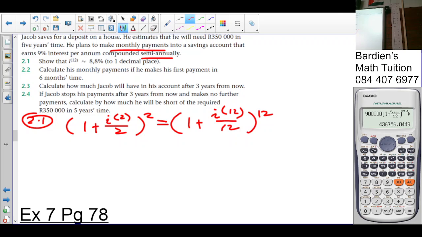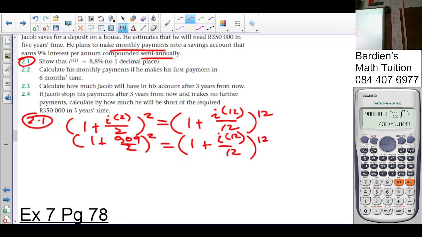So it's compounded semi-annually, and we're going to convert it to compounded monthly. So it's 1 plus 0,09 over 2 to the exponent 2 equals 1 plus i to the 12 over 12 to the 12. That 12 has no bearing on that i. Why do I write it? To show you that i semi-annually is different to i compounded monthly.